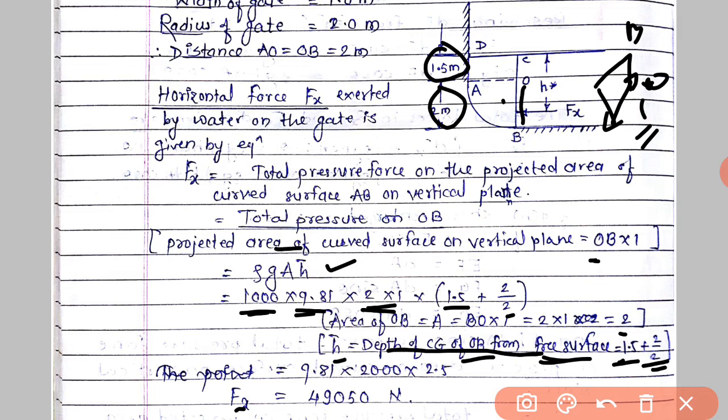So by calculating, the value of Fx comes as 49050 Newton. This is the value of Fx acting on the face OB or plane OB. Here the OB surface width will be unity.